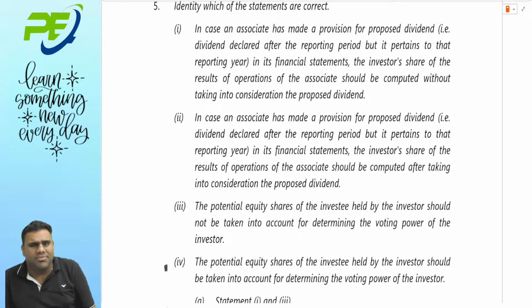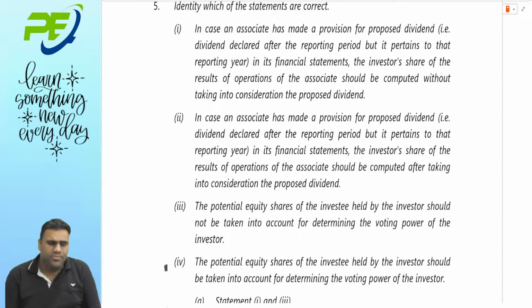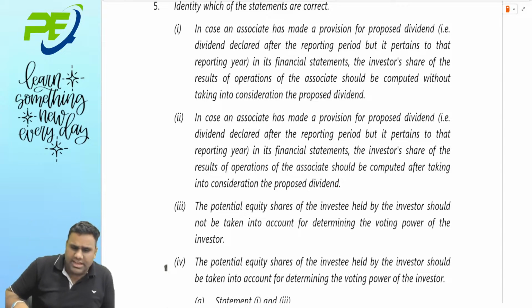Let's go by elimination method. First one. In case an associate has made a provision for proposed dividend in its financial statement, the investor's share of result of operation of the associate should be computed without taking into consideration the proposed dividend. Nothing makes sense.